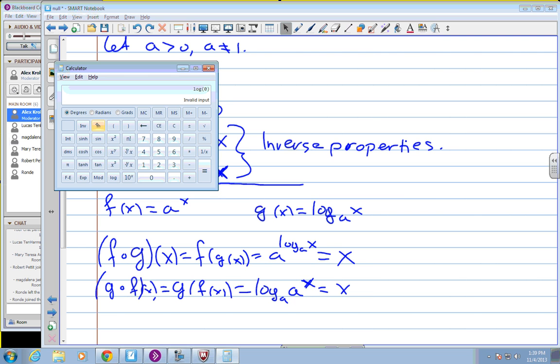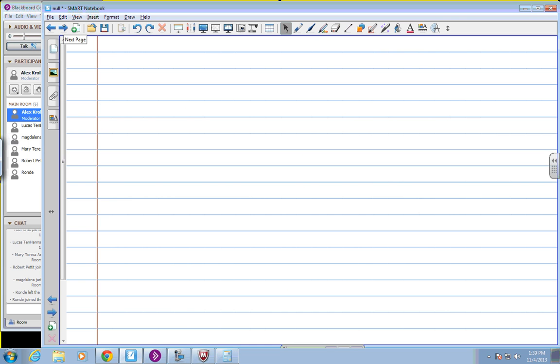But, so the log. I'm going to talk about this one in a minute. We'll call it a common log, which basically means log base 10.